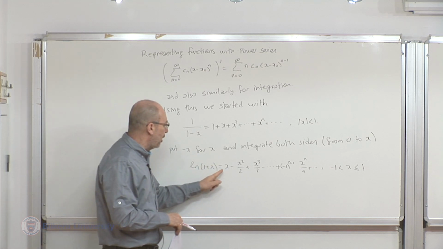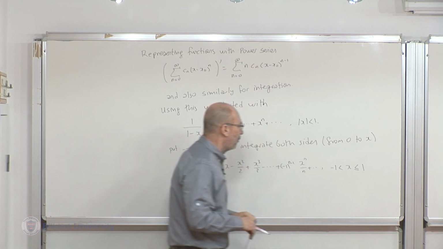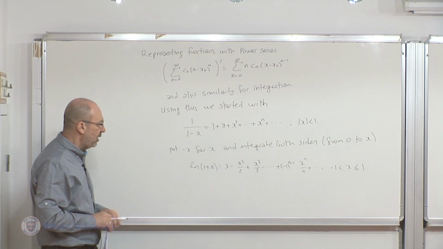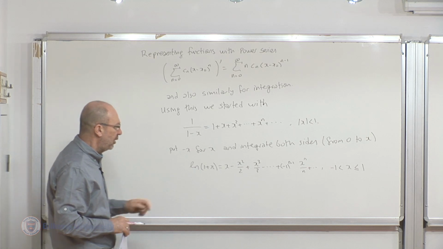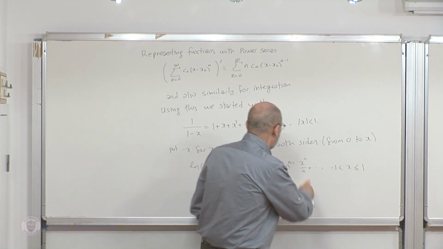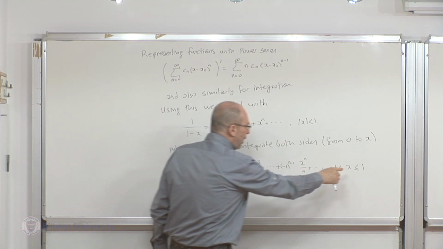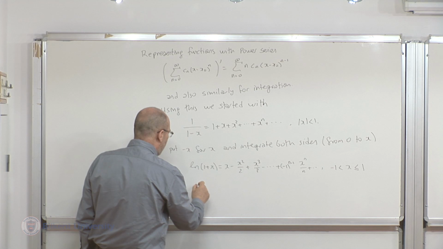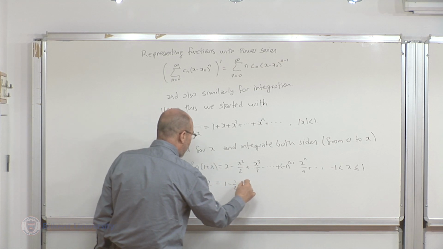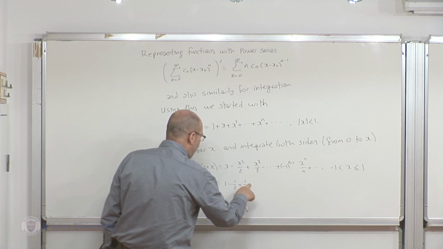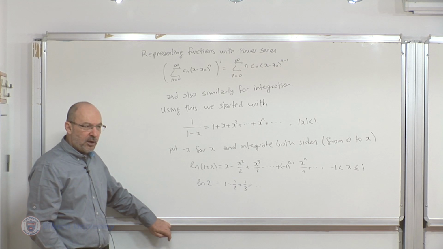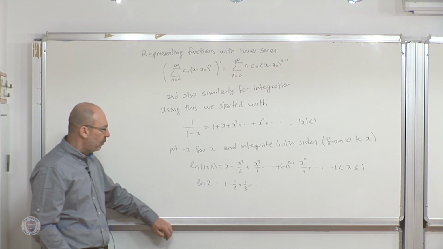Okay, so this equality at the endpoint follows from Abel's theorem, which we didn't cover, but in case you want to be precise, that's why we have equality there. Otherwise, this equality at the endpoint is not automatic. So from that, once we establish this, you obtain ln 2 as 1 minus 1 over 2 plus 1 over 3 minus and so on. So the alternating harmonic series adds up to ln 2.